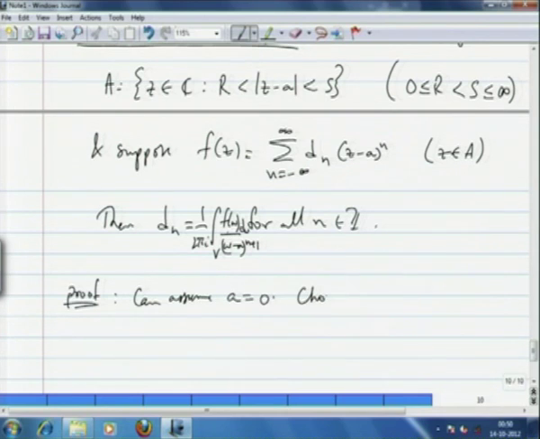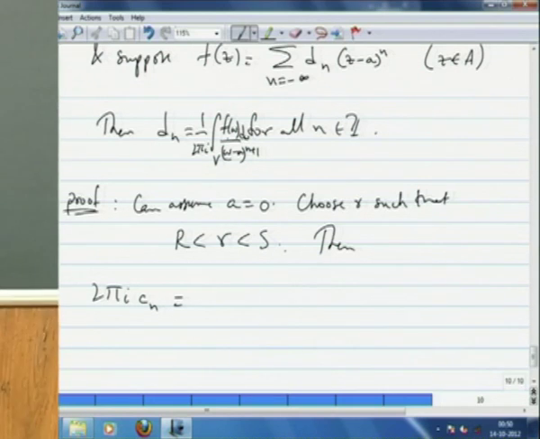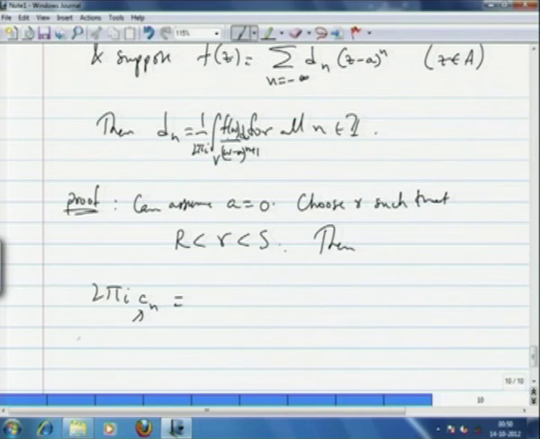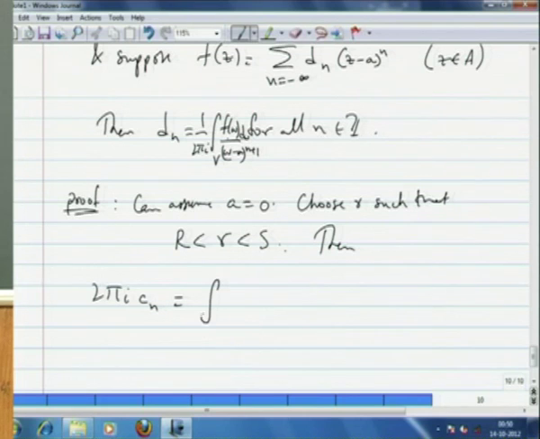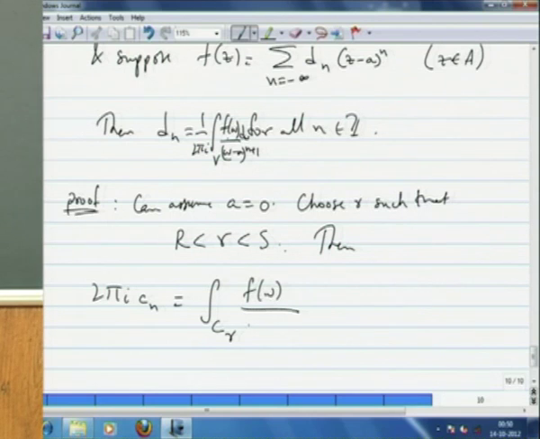Okay. Choose r such that r lies between capital R and capital S. Okay. Then 2 pi i times c n, the nth coefficient from the theorem, okay, this c n coming from the previous theorem, is equal to the integration over C r of f of w by (w minus a) power n plus 1 dw, that is the coefficient here.